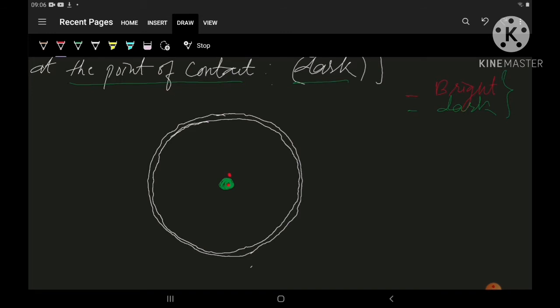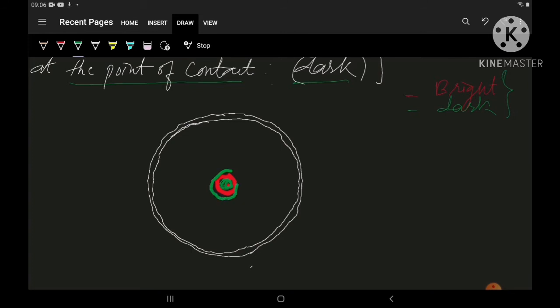So suppose at this point the thickness is such that a bright spot is found, and if we draw a circle by taking this radius, each point of the circle will have the same thickness, so each point will have the same nature, and we will find a bright circle. Similarly, moving away again from the point of contact, we will find a dark circle, because the condition of dark spot will be fulfilled on changing the thickness.